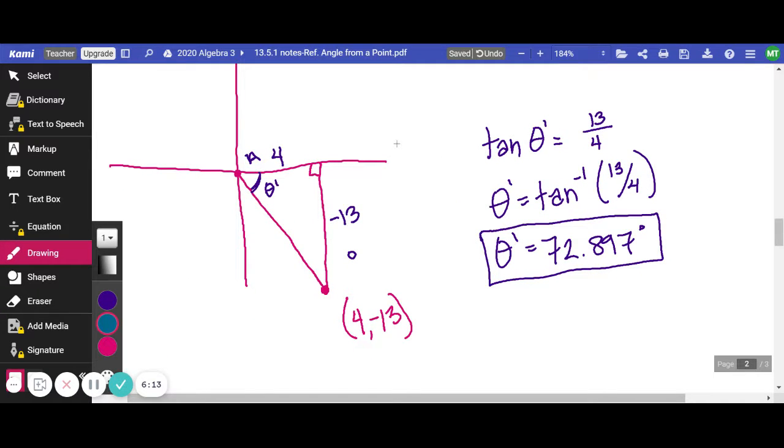This is 360. So I need to find theta. If I know that my reference angle is 72.897, I am going to take 360 minus 72.897 to get theta.